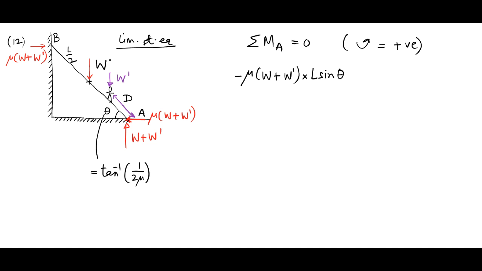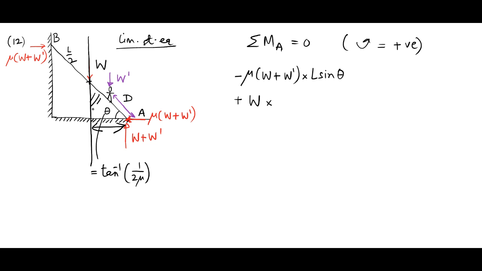Now let's go to this force W. W is trying to turn the ladder about A in the anti-clockwise direction, and so its moment must be positive according to our convention. So we have a plus sign, plus W multiplied by the perpendicular distance between the line of action of W, which is this, and point A. In other words, we are talking about this distance.